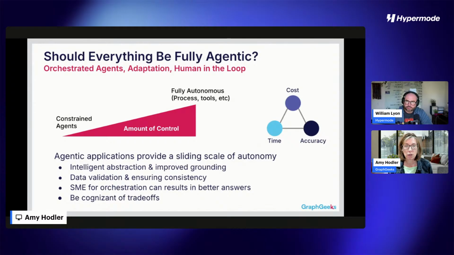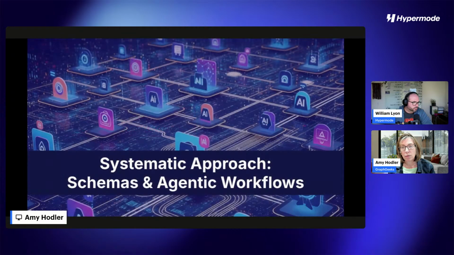This is so that you can start off with more control, evaluating each stage, establishing the behavior and the baseline you really need, and then go on and make it more and more agentic and give it more autonomy. So just take it in baby steps, start off that way and then build up as you go. And so, with that in mind, we really talked about having this systematic approach for more quality GraphRAG.